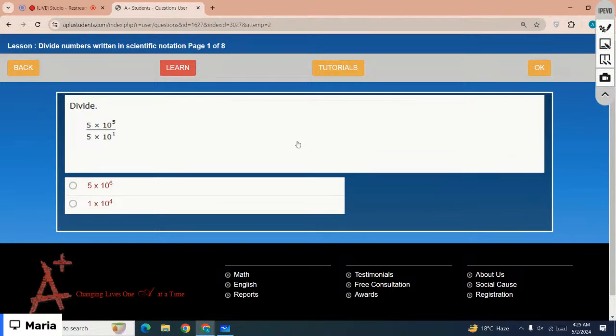The correct option is 1 times 10 exponent 4. That is option number 2.